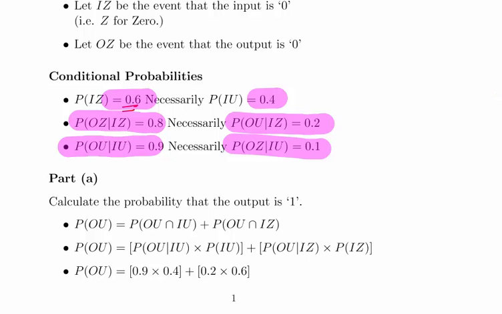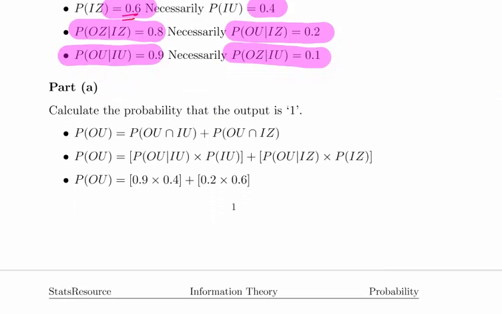And in fact, I think we've tackled the question fairly well already. So calculate the probability that the output is 1. The probability that the output is 1 is the probability of the output being 1 and the input being 1, plus the probability of the output being 1 and the input being 0. Essentially what we do is create these expressions and restate them in terms of conditional probabilities.